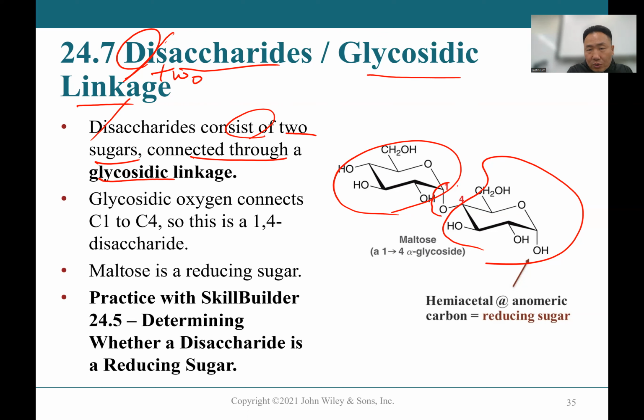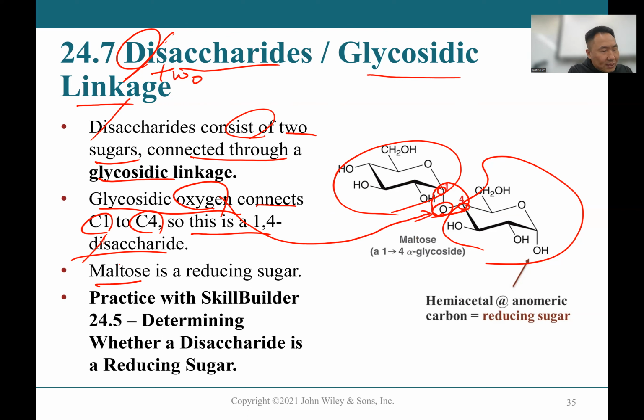We can call this one the glycosidic linkage. The glycosidic oxygen connects C1 to C4, so this is a 1,4 disaccharide. Maltose is a reducing sugar because when you look at this carbon, you can see one OR group and one OH group.